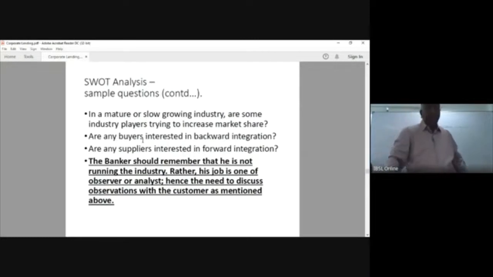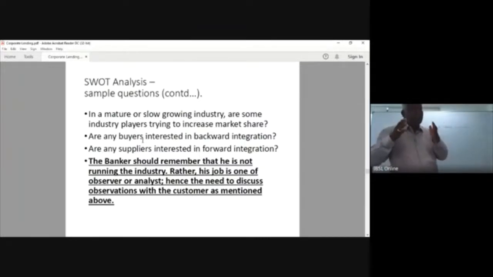So finally, the banker should remember that he is not running the industry. Rather, his job is one of observer or analyst. Hence, you need to discuss observation with the customer as mentioned above. These are certain questions to guide you on how to identify the strengths, weaknesses, opportunities, and threats.